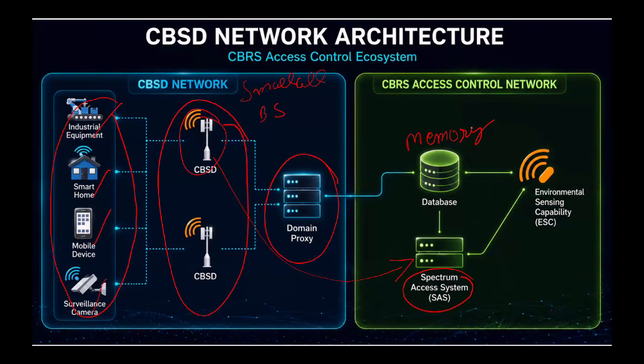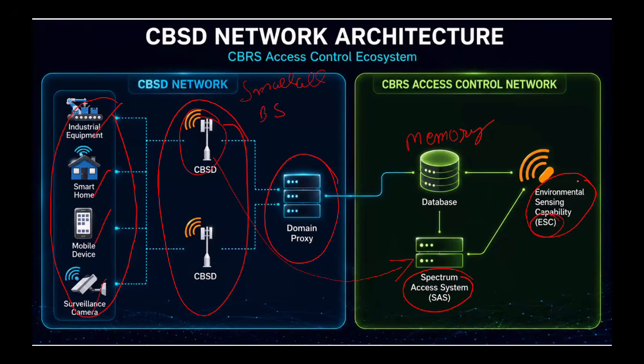But the question comes, how does the SAS know whether important incumbent users need protection? That's why environmental sensing capability, which is ESC, comes into the picture. ESC sensors are deployed mainly to detect protected federal incumbent activity in relevant coastal areas.